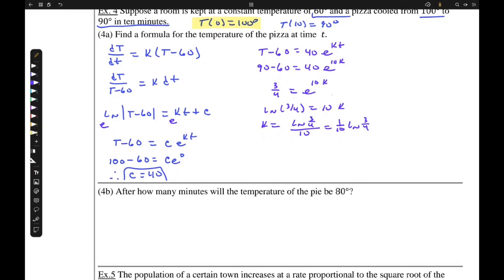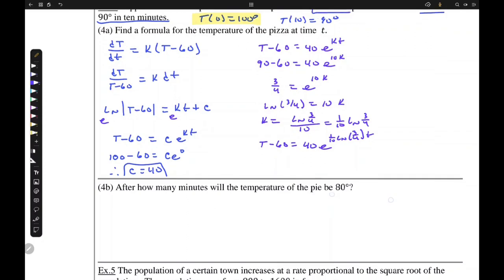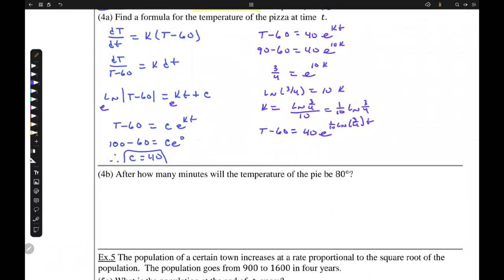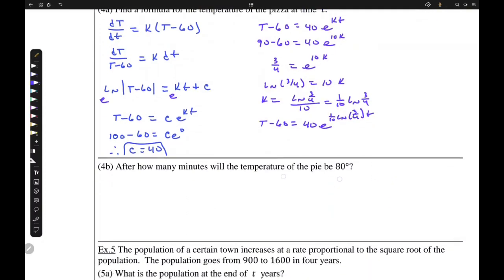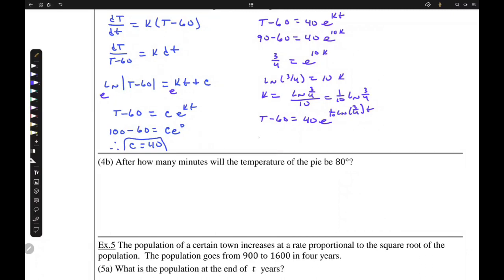Let's write our final equation. If we plug this back in, we get T minus 60 is equal to 40 times e to the, so this is my k, 1/10 natural log of 3/4 times t. But we haven't solved, so we need to add 60 to both sides and rewrite this finally as a function.